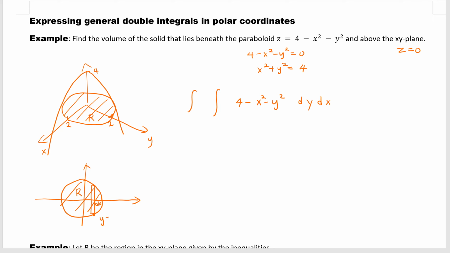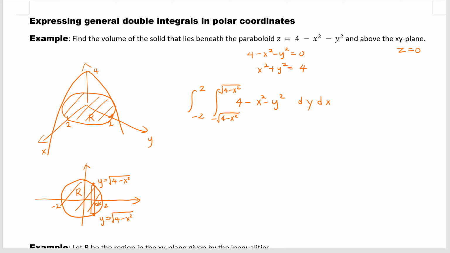Well, this corresponds to y equals negative square root of 4 minus x squared. At the top, we have y equals the positive square root of 4 minus x squared. So y is a function of x, okay? And then x goes from -2 to 2. So this is what we would do for Cartesian coordinates, like what we learned before.